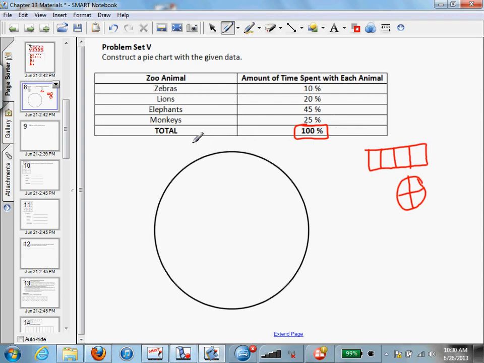Okay, so let's go ahead and give this a title. So, time with zoo animals.